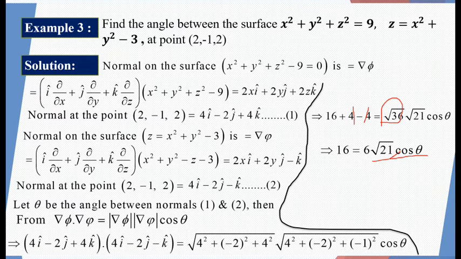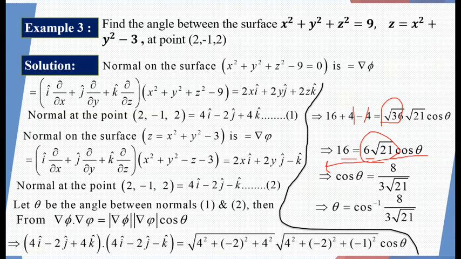Shifting 6 square root 21 into the denominator of 16, we get cos theta is equal to 8 by 3 square root 21, because 6 and 16 are cancelled out by 2. So theta is equal to cos inverse of 8 by 3 square root 21. This is the required angle between the given surfaces at the given point.